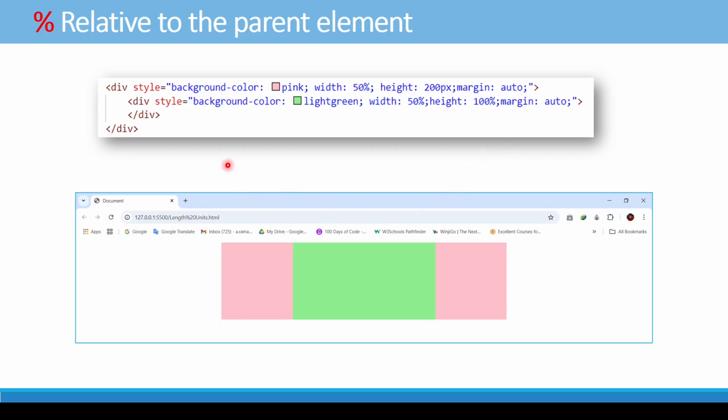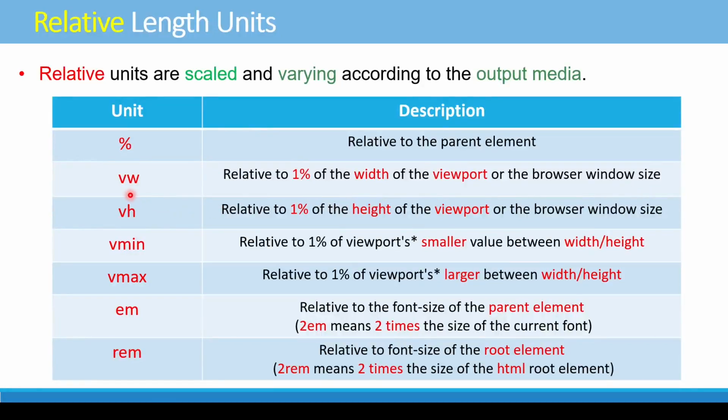Here, I make two nested divisions. The outer one, its width will be 50% of the screen. The inner one will be 50% of its parent. View width and view height are relative to the window size or screen size.